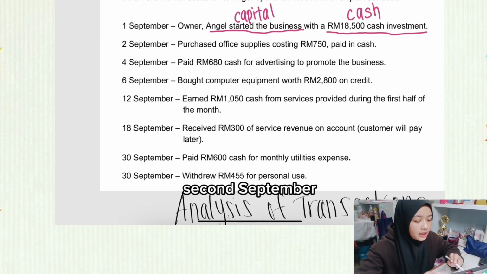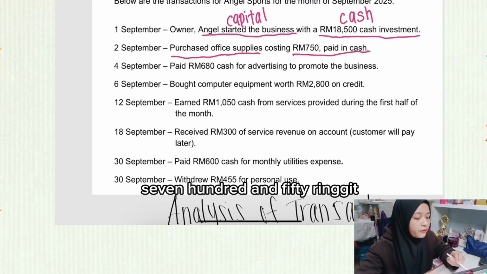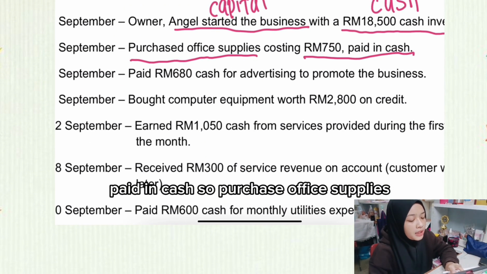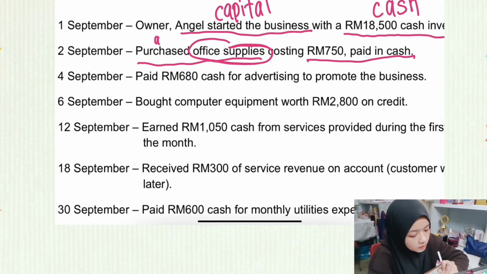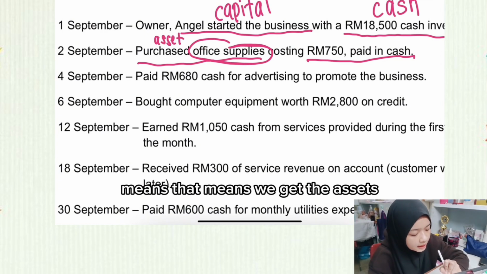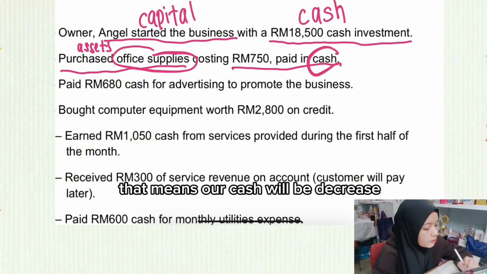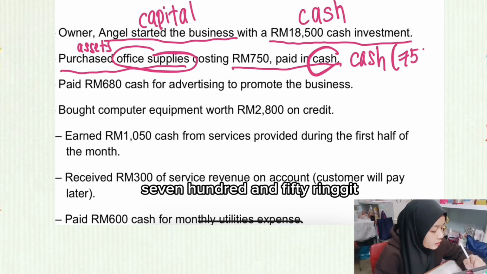Next, 2nd September, purchase office supplies costing 750 ringgit paid in cash. So we purchase office supplies, so we get the office supplies, that means we get the assets, and we purchase by cash, that means our cash will be decreased 750 ringgit.